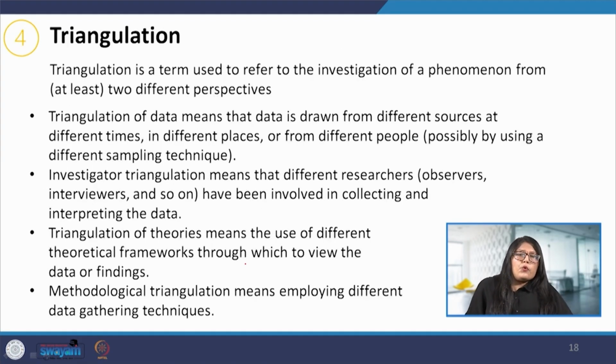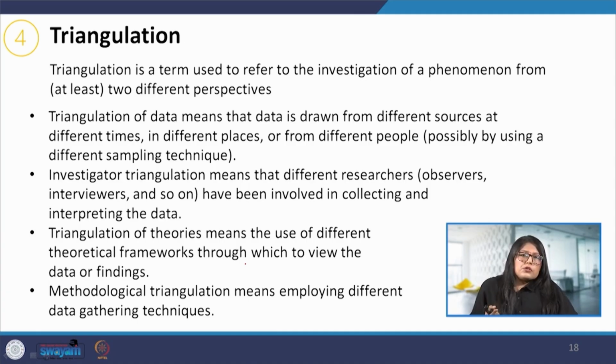The fourth point is triangulation. Triangulation in research means using multiple data sets, methods, theories or investigators to address the research question. It is a research strategy that can help the researcher enhance the validity and credibility of their findings and mitigate the presence of any research biases in their work.